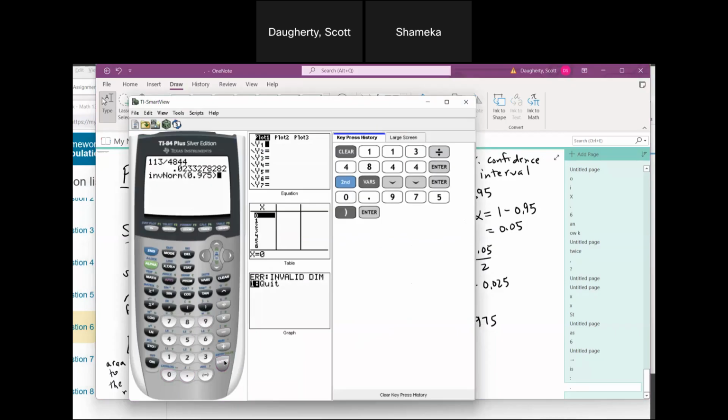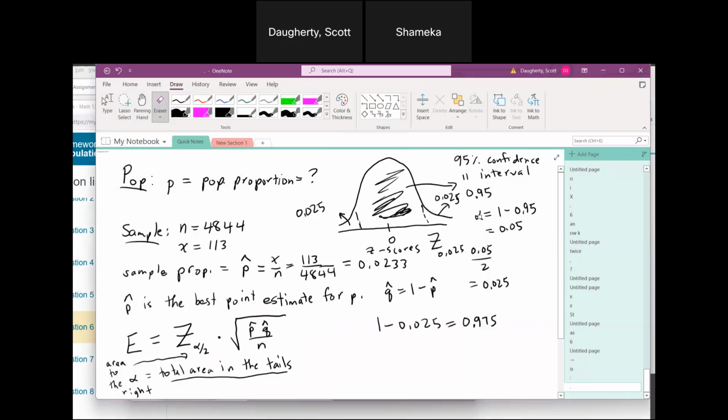And so if you do that, it'll give you the z-score. It's 1.96. Okay, so that's this z-score right here. Let me erase some of this. So that's what the z-score is equal to.